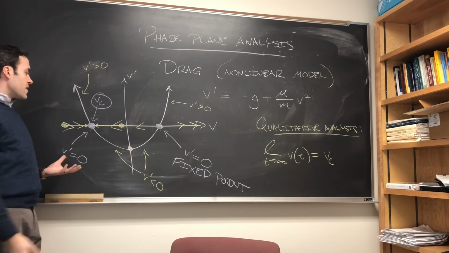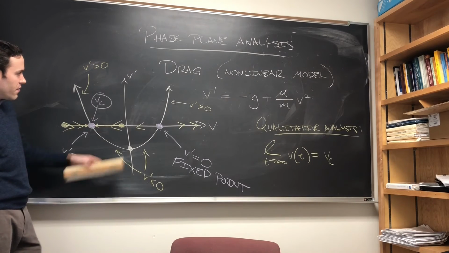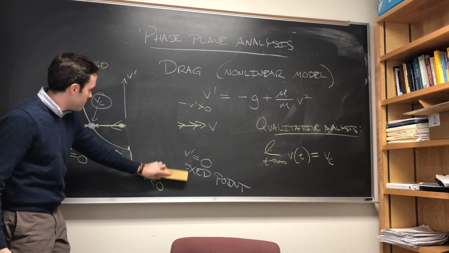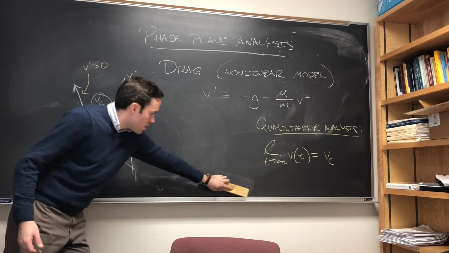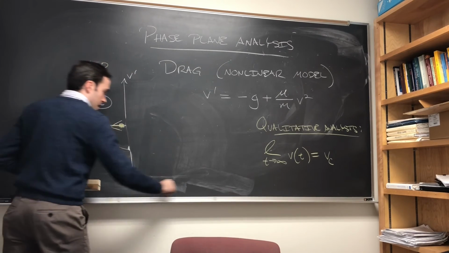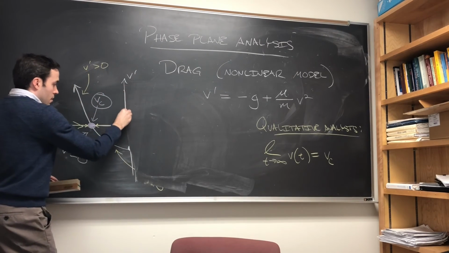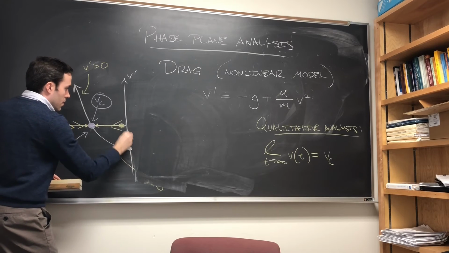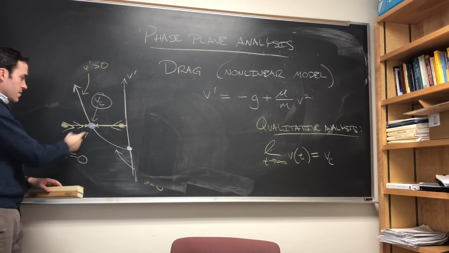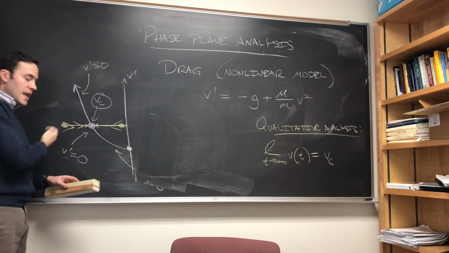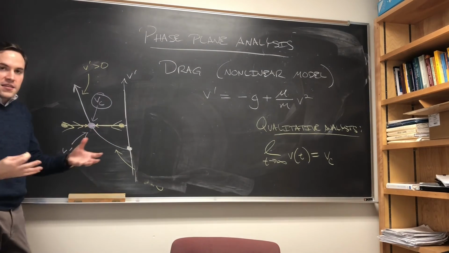One safe thing to say is that if we just cut off this entire half plane, so we're only considering negative velocities to begin with, so this is our v-axis, it's now only negative. Well, this makes sense for our model.